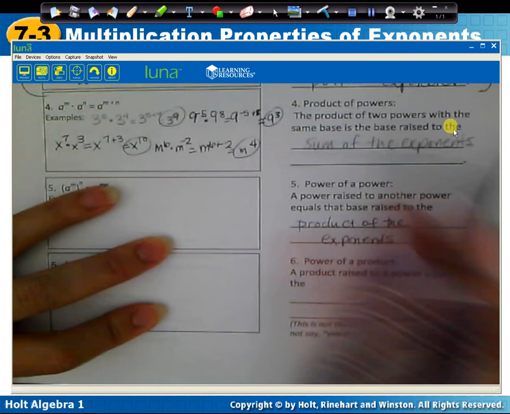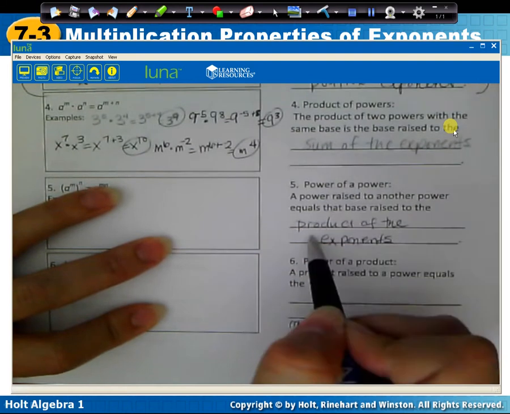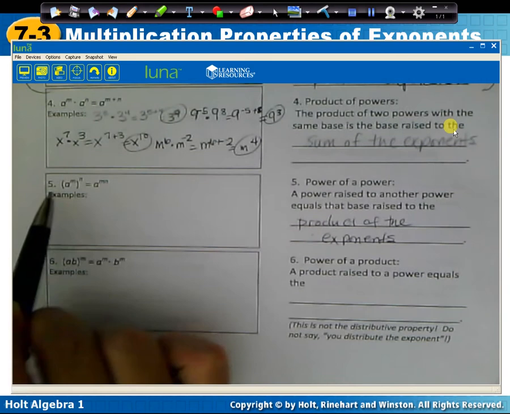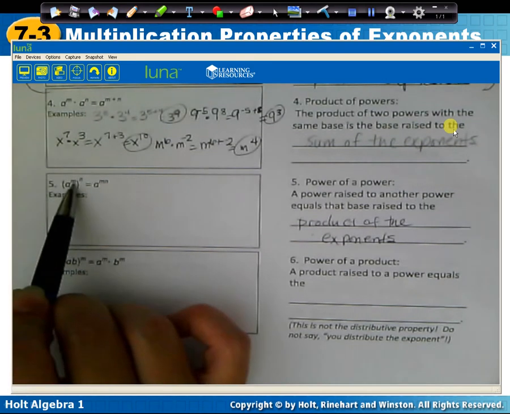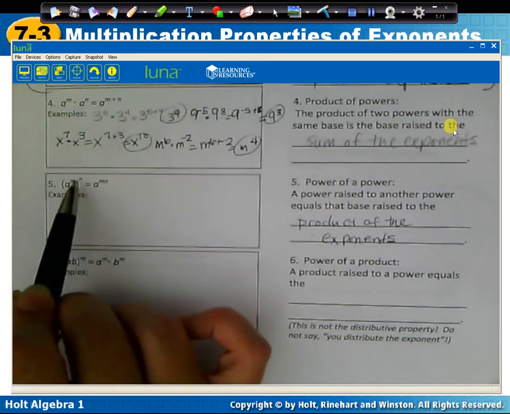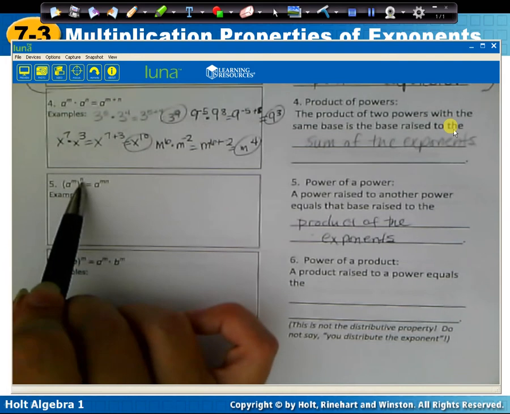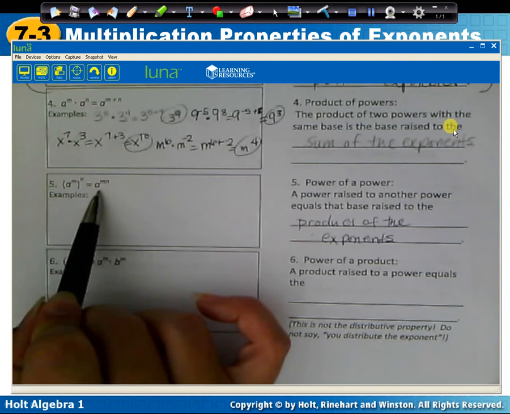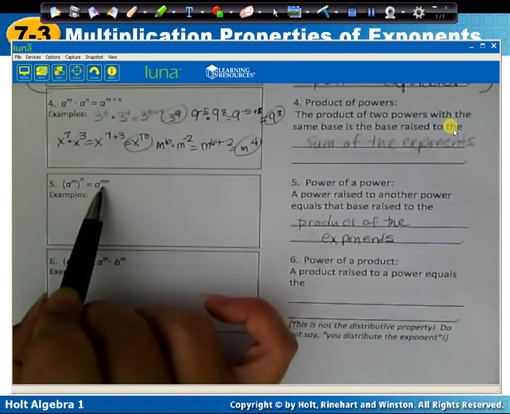So up here where sum meant add, product means to multiply. So when I have a power raised to a power, so a to the m raised to the n, that equals the product of my exponents. So a to the m times n.